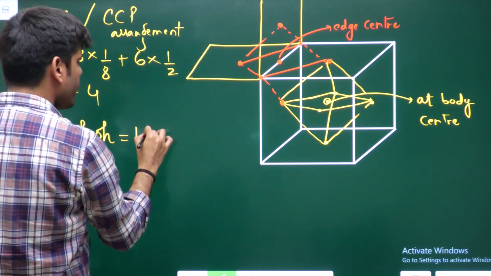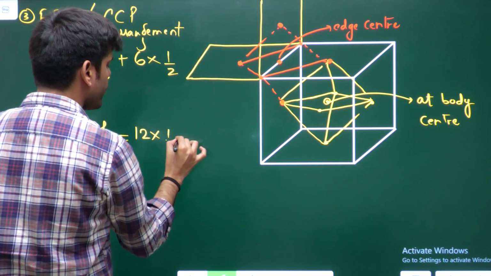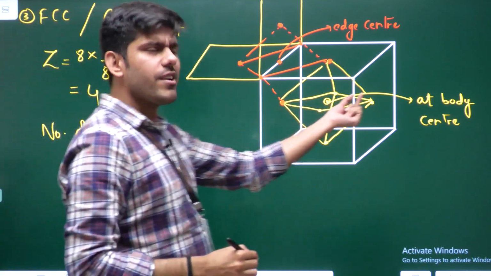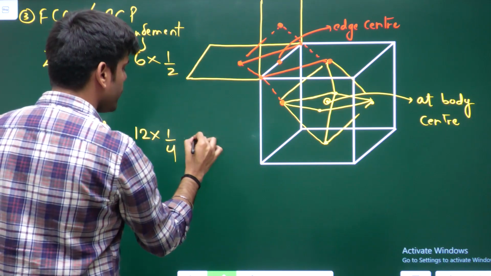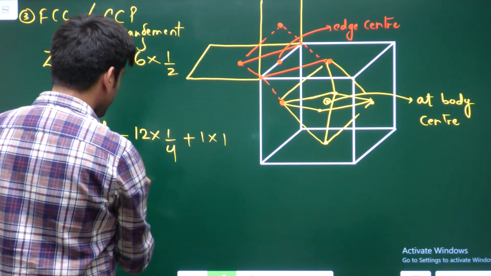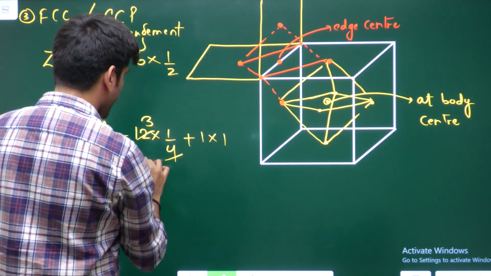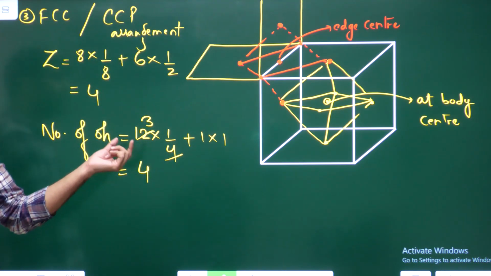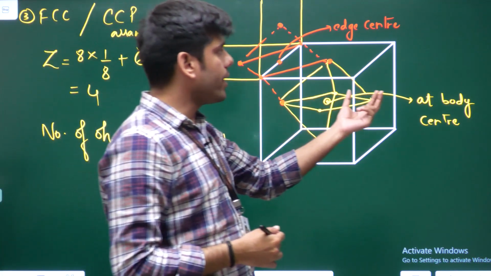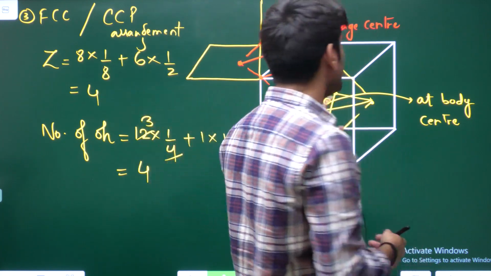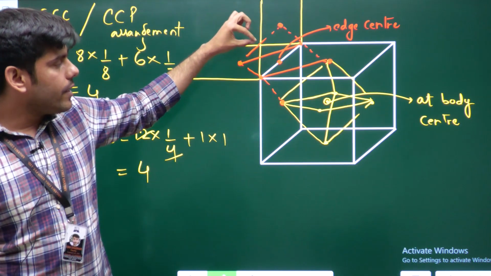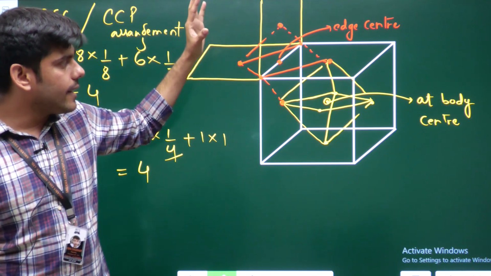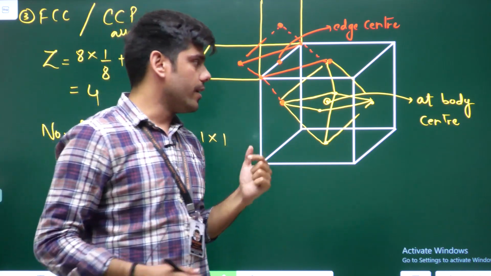So we have 12 edges multiplied by 1/4, and one is present at the body center, completely inside, so it is 1 into 1. So 3 plus 1, that is 4 octahedral voids. We have 4 octahedral voids in an FCC unit cell, one kind present at the edge centers, the other at the body center.